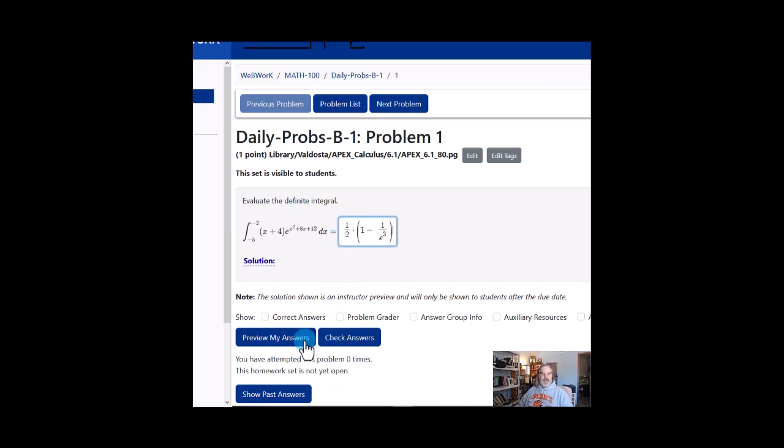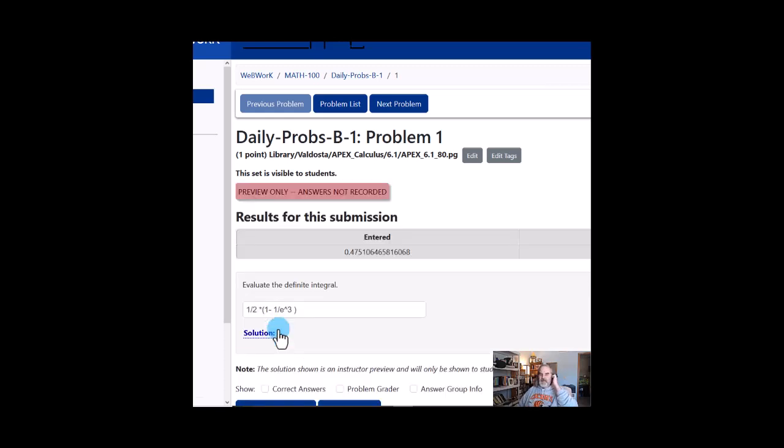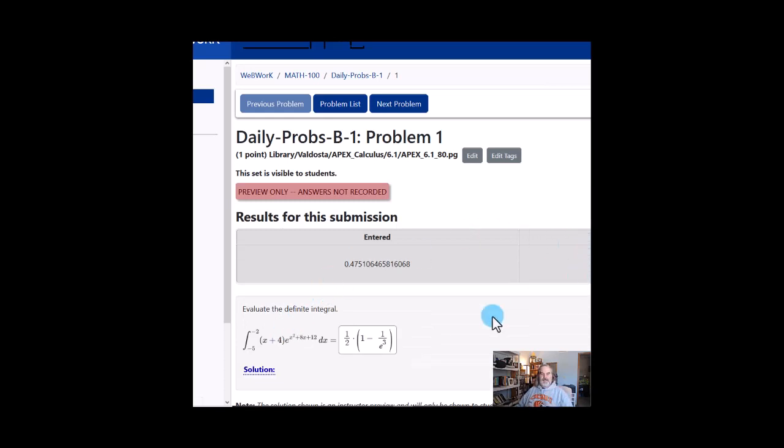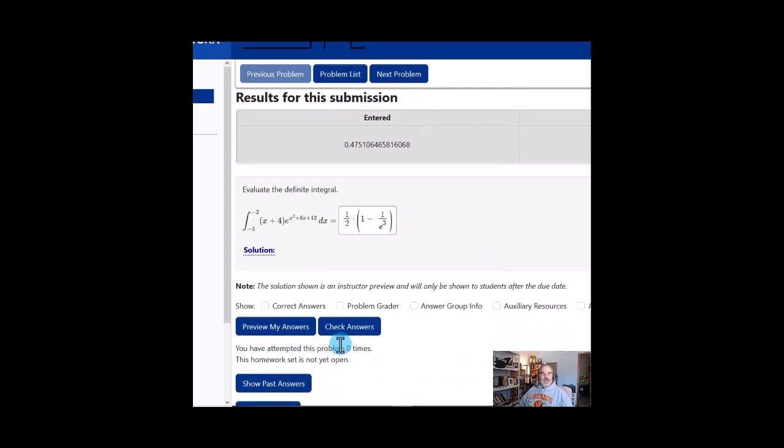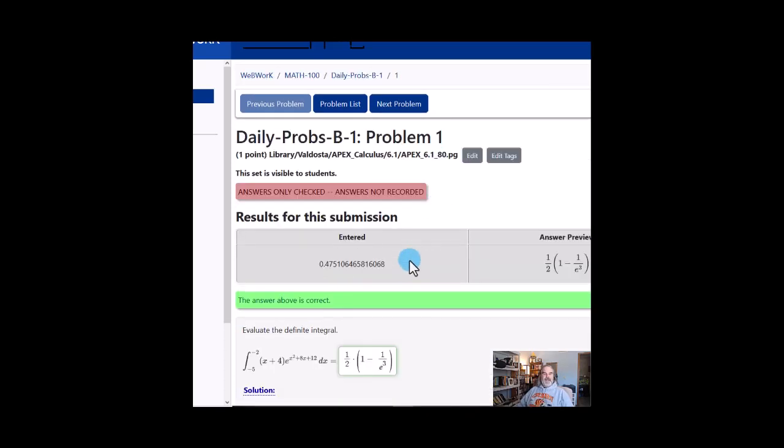And we can preview the answer just to make sure it's entered the way, okay, and it's off the screen for you, but I can see that it looks the way I want it to look. Check my answer, and it is correct. That nice green shows up. Feel the relaxation. All right, let's go to another problem.